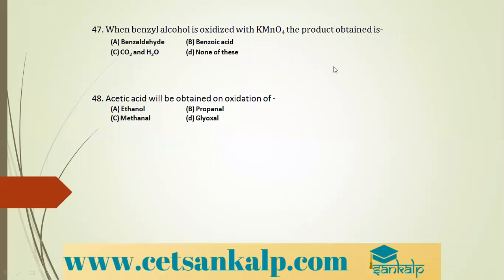Next question. When benzyl alcohol is oxidized with KMnO4, the product obtained is? So you are taking benzyl alcohol. What is the formula for benzyl alcohol? Students, be very careful, it is not phenol. Benzyl alcohol is a benzene ring with CH2OH. This benzyl alcohol is oxidized with KMnO4.